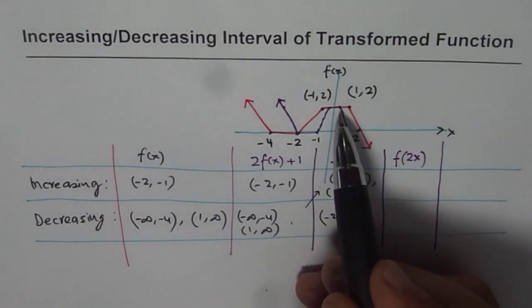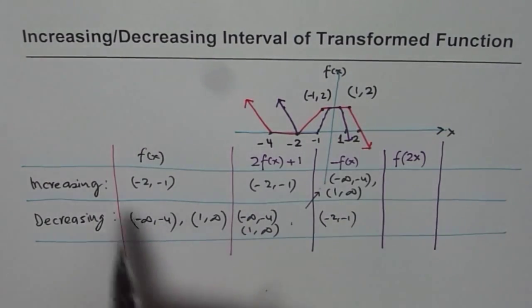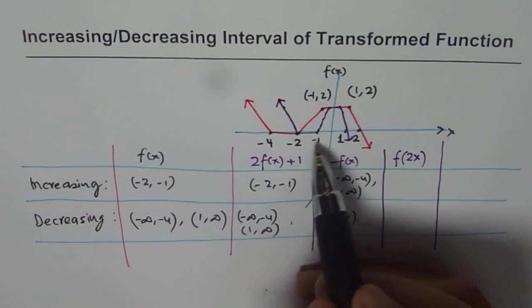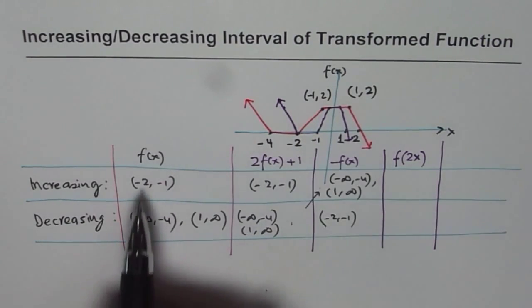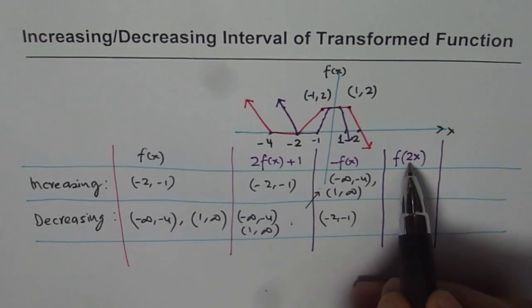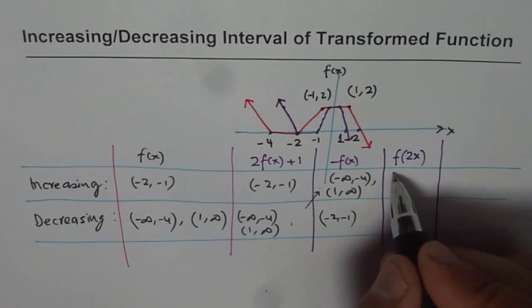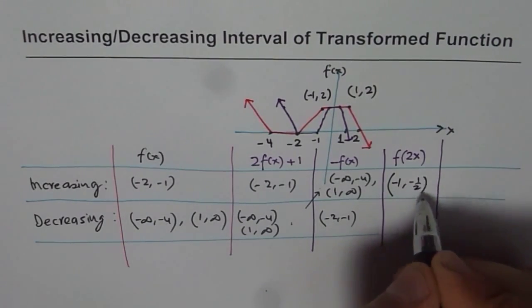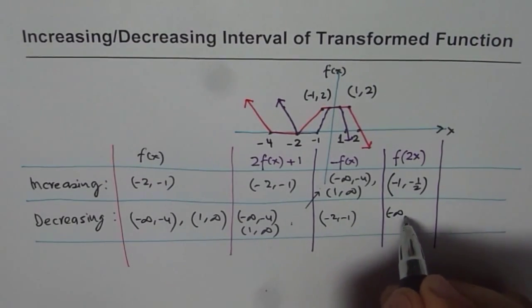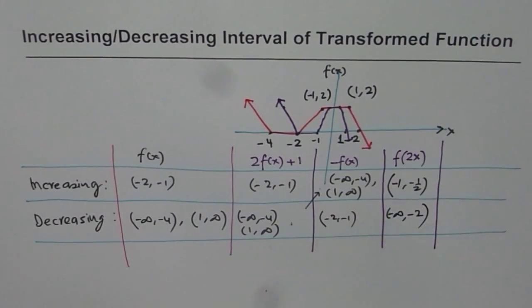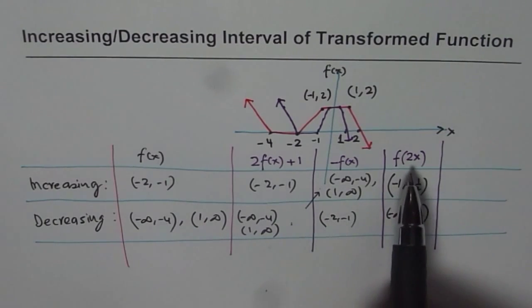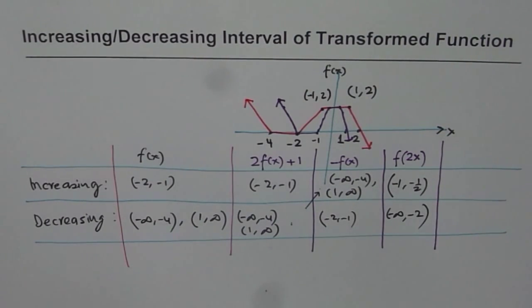And then it decreases from a half to infinity. The increasing interval, which was initially from minus 2 to minus 1, is now from minus 1 to minus half. So we have the intervals as half of these values. So that is the effect of horizontal stretch or compression. The interval gets multiplied by the reciprocal of that factor.